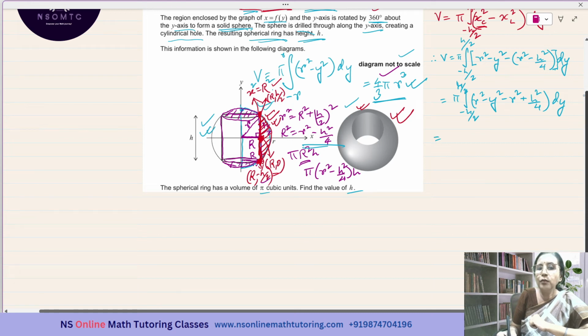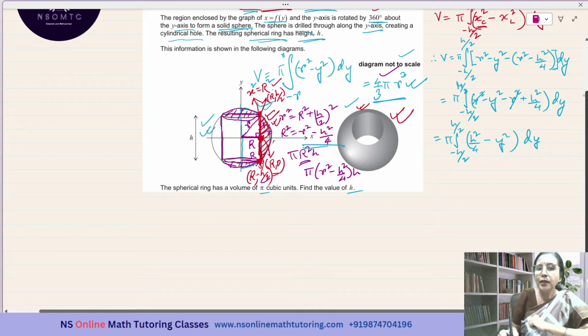And this is equal to pi integral from negative h over 2 to positive h over 2, and these two will be getting cancelled, and I am having, let me write a square over 4 first because it is having a plus sign, and minus y square dy.